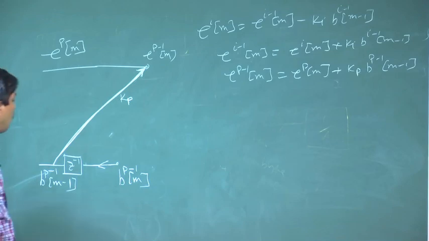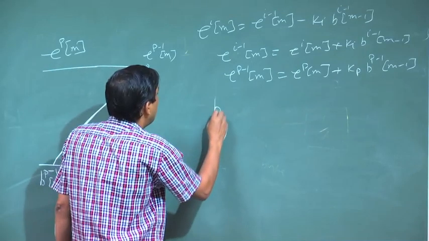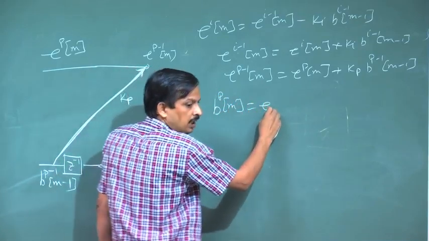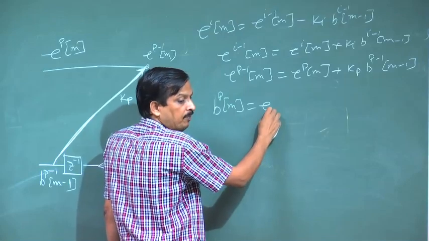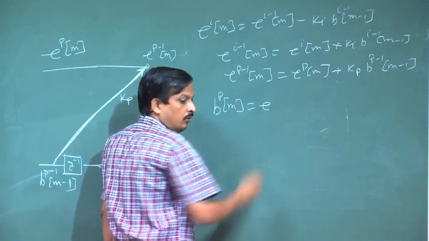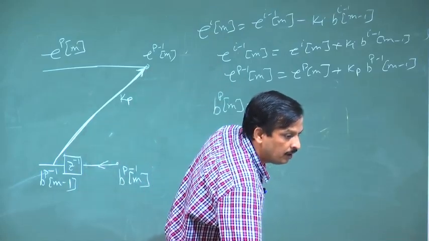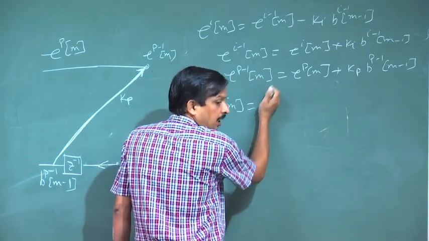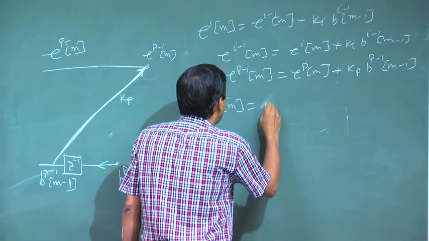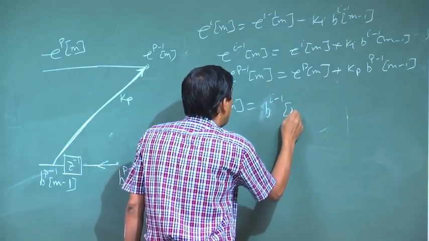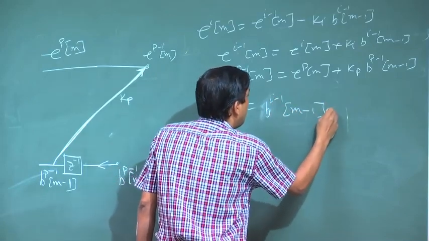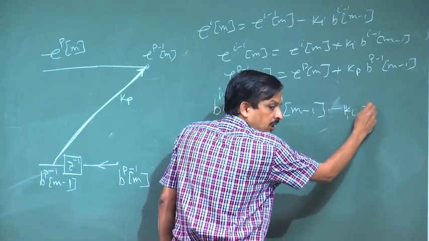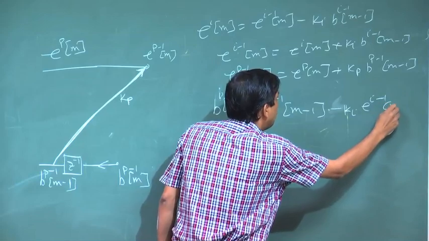Okay. Now, what is BPM? BIM is nothing but BI minus 1 m minus 1 plus minus K1 Ki EI minus 1 m.